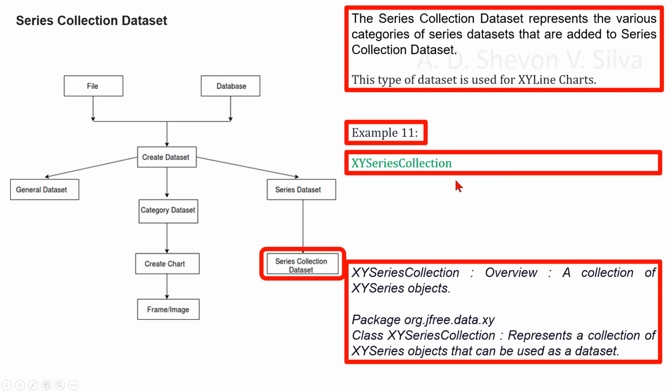Overview in XYSeriesCollection, a collection of XYSeries objects. Class XYSeriesCollection in package org.jfree.data.xy represents a collection of XYSeries objects that can be used as a dataset. This class implements both the XYDataset and IntervalXYDataset interfaces, so it can be used as a dataset for a wide range of charts.